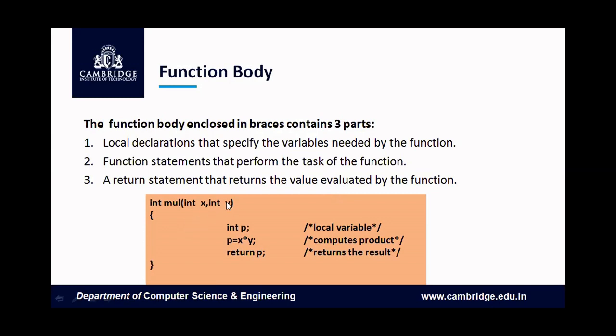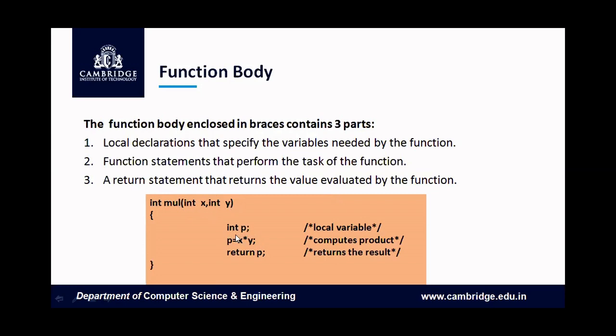We'll see one example. First line is the function header, and this entire inside part is the function body. You have already understood what the function header is: the return type of a function, name of a function, parameters. There are 2 parameters. Each parameter's data type I have given separately, and they are separated by comma.